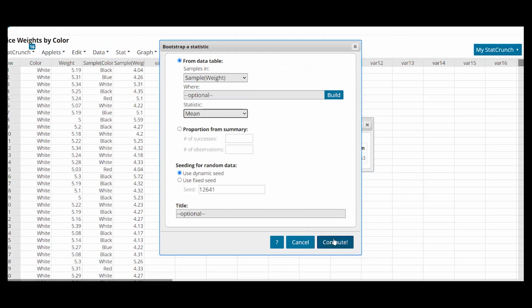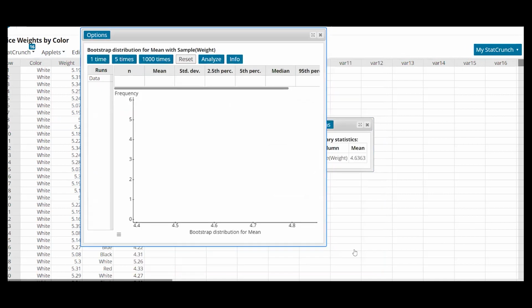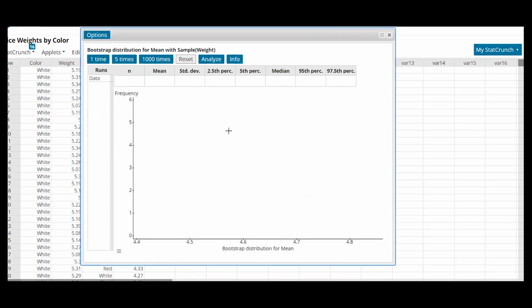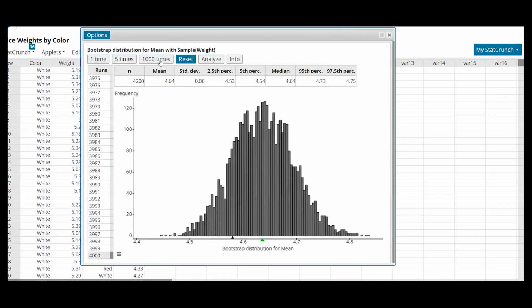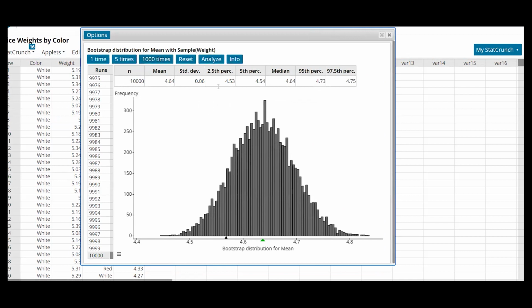So for the mean, I'm going to take 10,000 bootstrap samples and find the middle 95% of the sample means, and I get 4.53 to 4.75 using the 2.5th percentile and the 97.5th percentile.